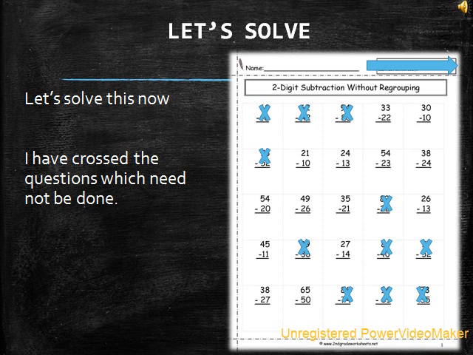Now this is the worksheet for subtraction. Again, I have crossed the questions which need not be done because they are questions for borrow, and we will study the borrow questions later. In this, you have to do simple subtraction, nothing else.